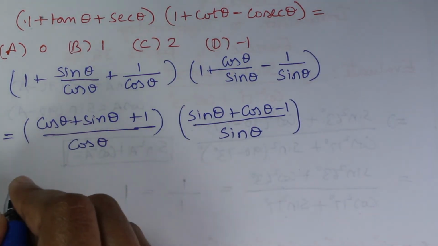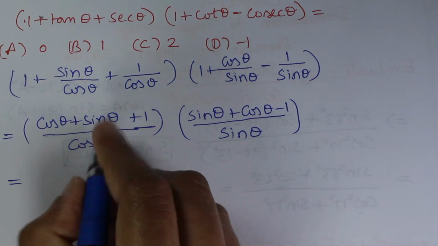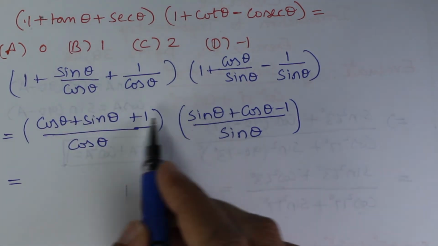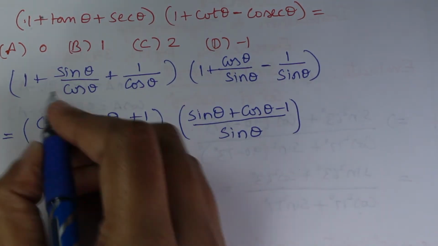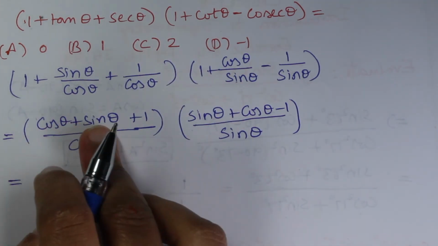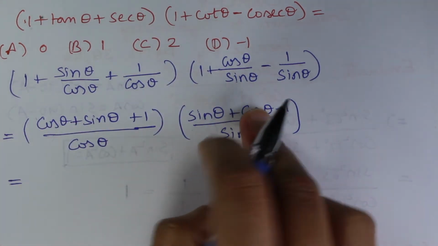That is equal to, it is in the form of a plus b into a minus b, right? A plus b: cos theta plus sin theta plus 1 into cos theta plus sin theta minus 1.